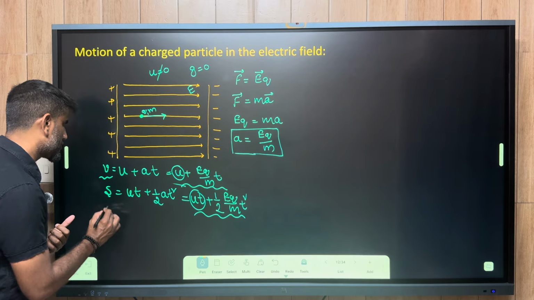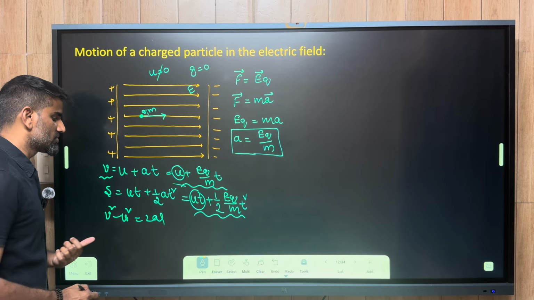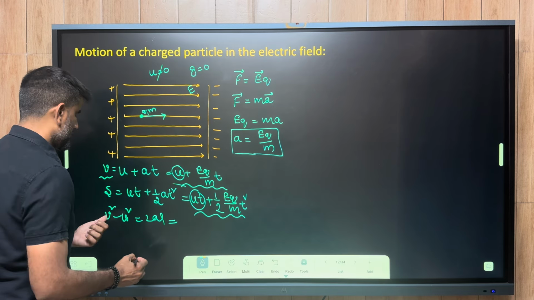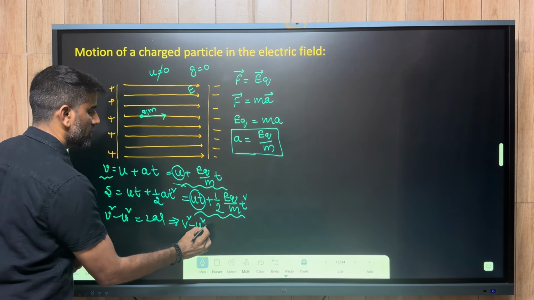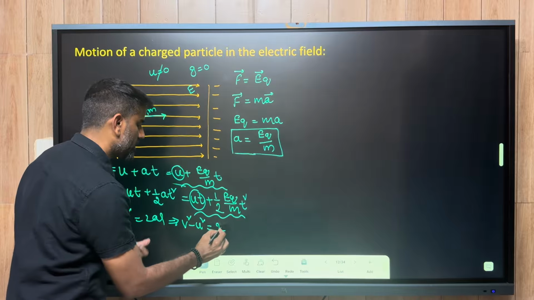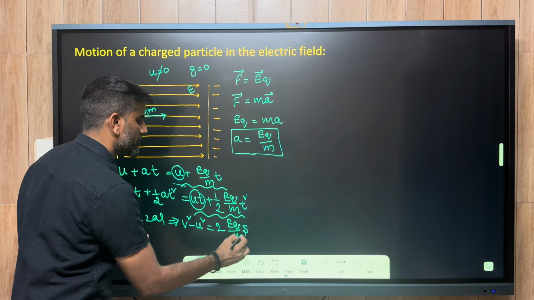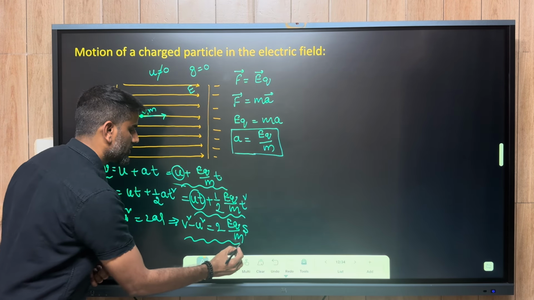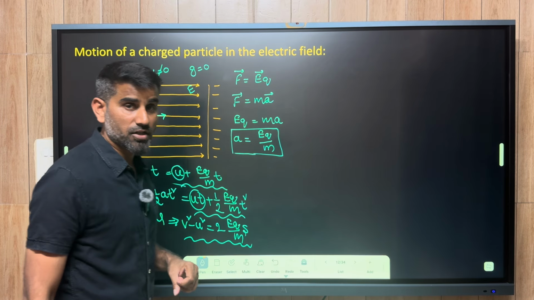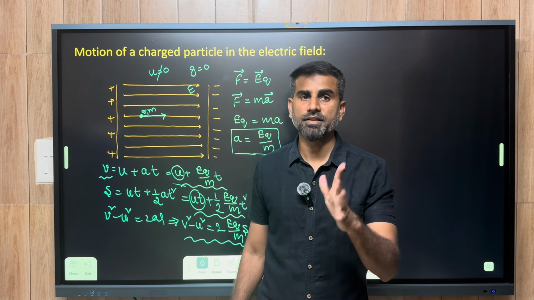And we have one more equation, v square minus u square is equal to 2as. This is also similar. v square minus u square is equal to 2 into Eq by m into displacement s. So this is another equation with initial velocity u. Gravity is not considered.